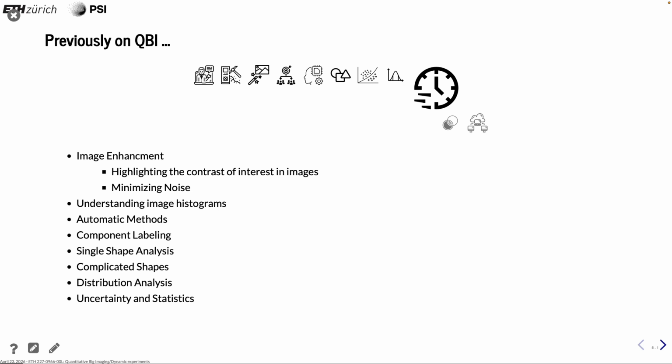We also looked into automatizing the whole thing to make good workflows, looking at component labeling, looking at the analysis of single shapes, or also categorizing more complicated shapes and distributions. And last week we went into the topic of uncertainty and statistics, which is also a very important part when you talk about quantifying information from images.